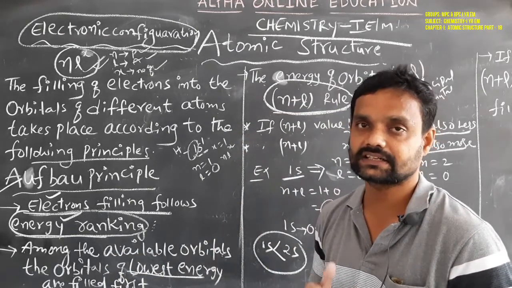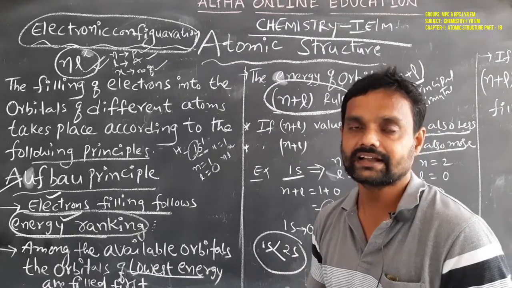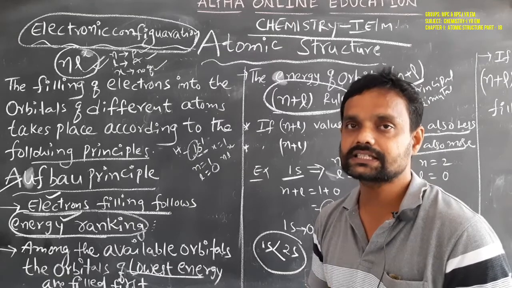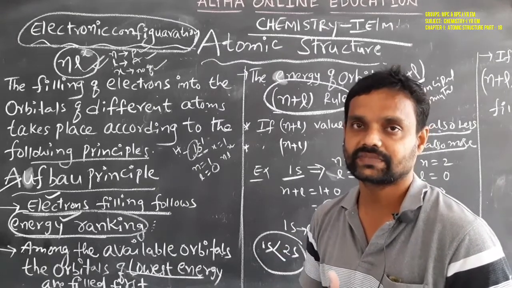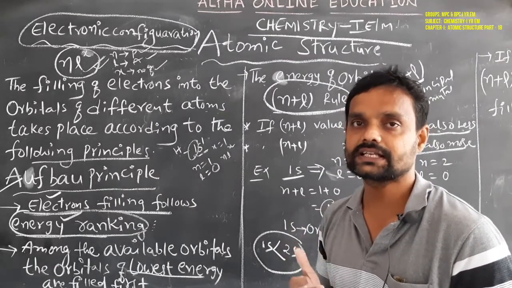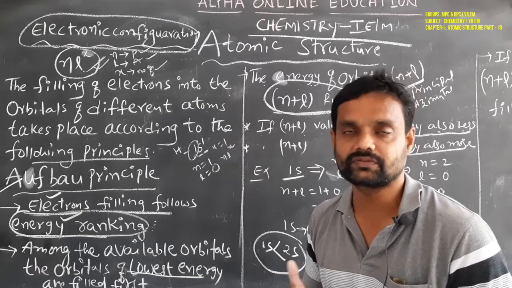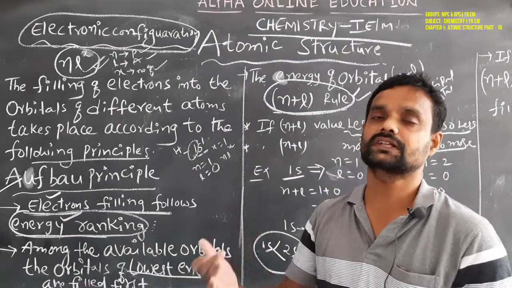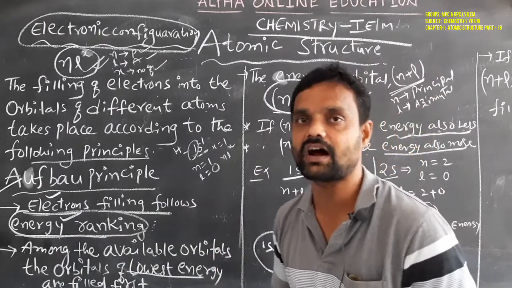That means the lowest energy orbital is filled first, then it goes to the higher energy orbitals.